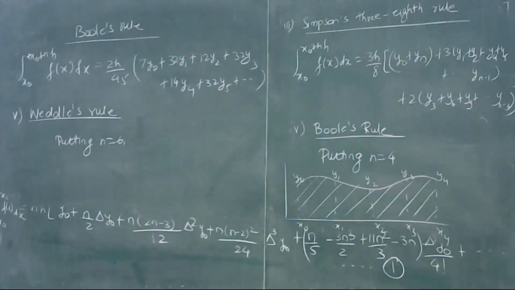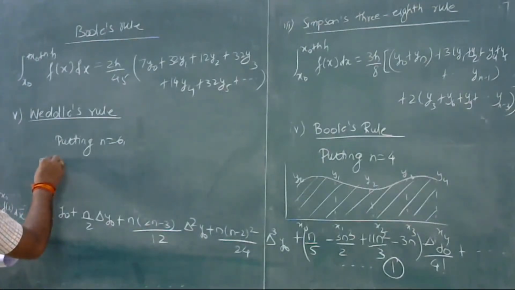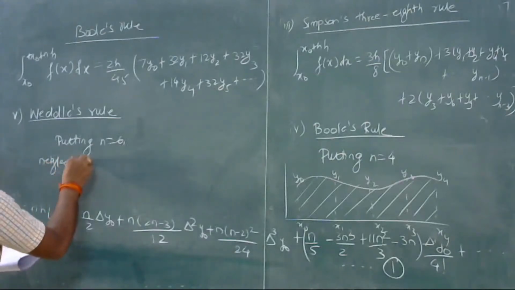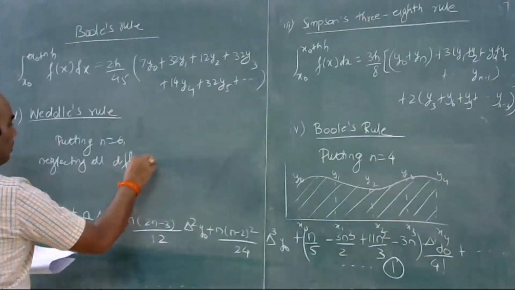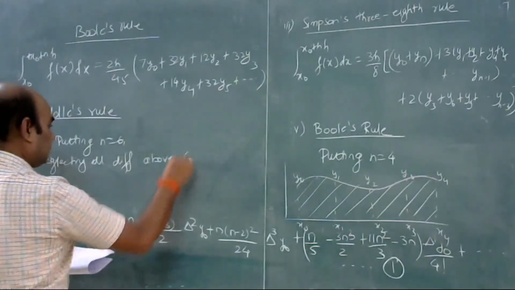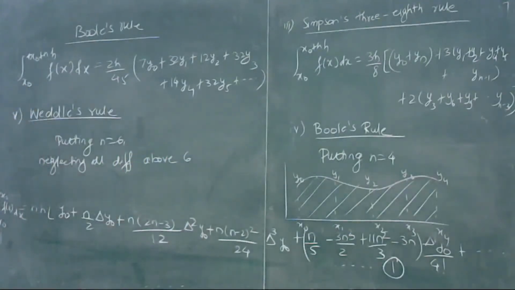So neglecting all differences above 6, we obtain, and so I am writing that formula.